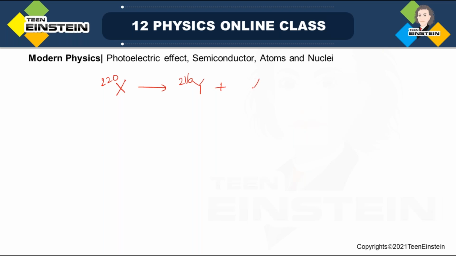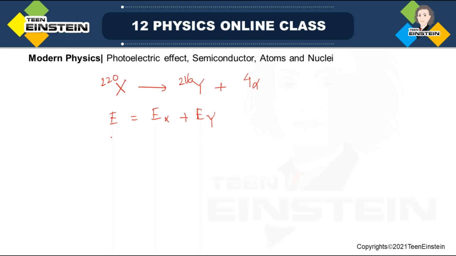When the alpha particle is emitted, the alpha particle will have some energy, and obviously the nucleus also will have some recoil energy.